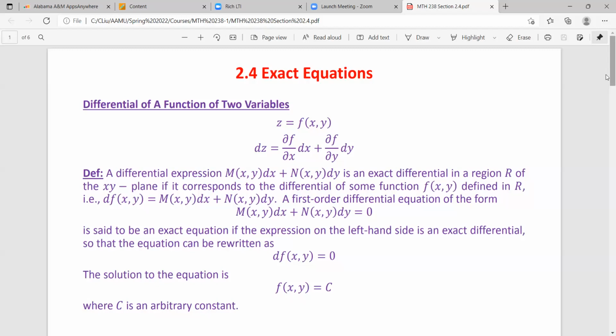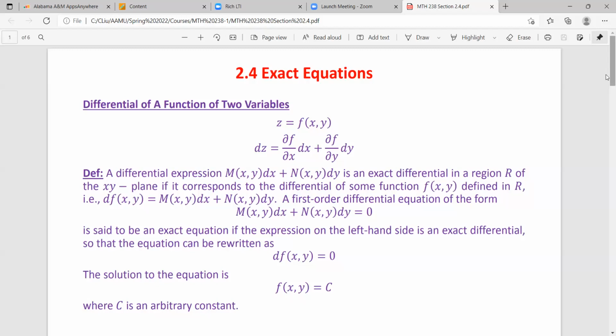So what it means in this case is you are given a differential equation in the form of differentials dx and dy. So M dx plus N dy equal to 0 is a differential equation. Okay, it is in the form of differentials instead of derivatives.